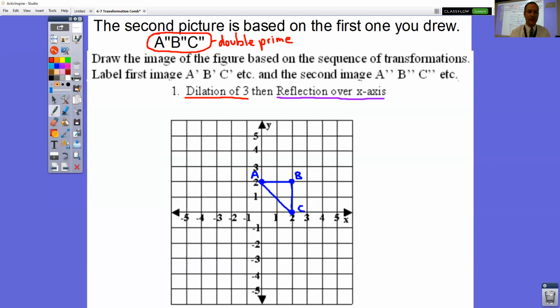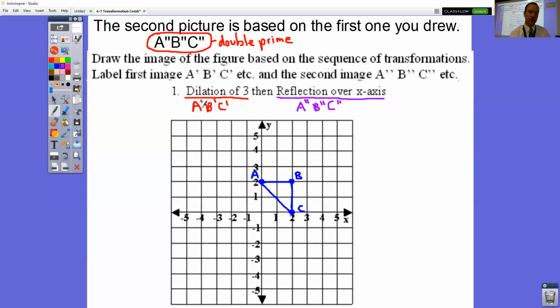This dilation of 3 is going to get lettered with single primes. This reflection over the x-axis is going to be labeled with double primes. Your double prime picture is based off of this red picture, your single prime picture that you draw.